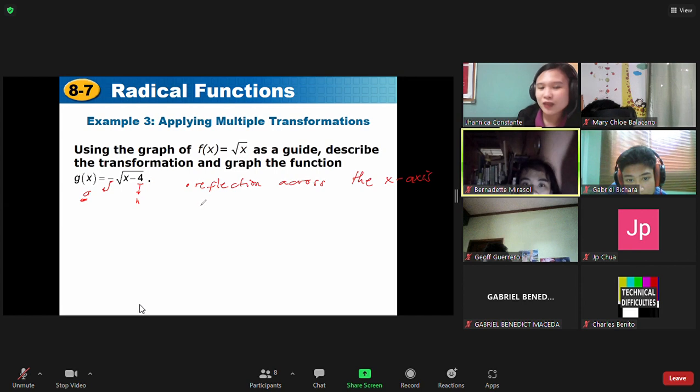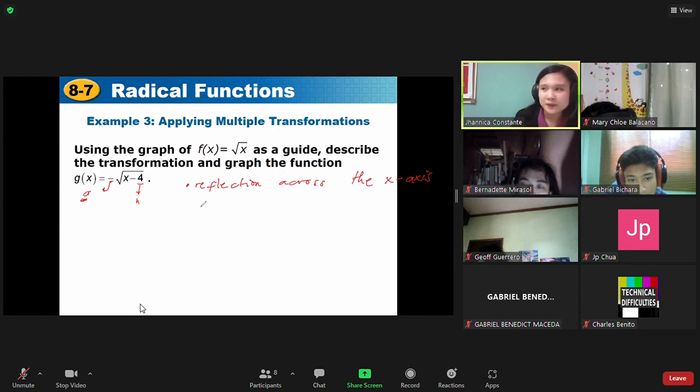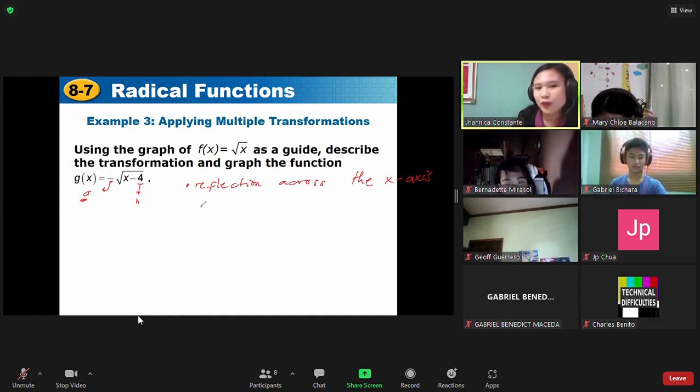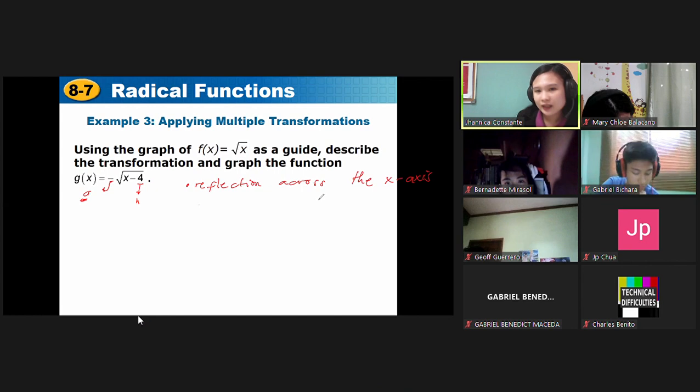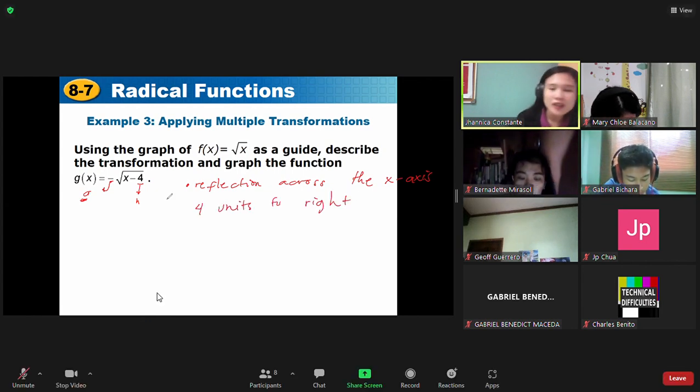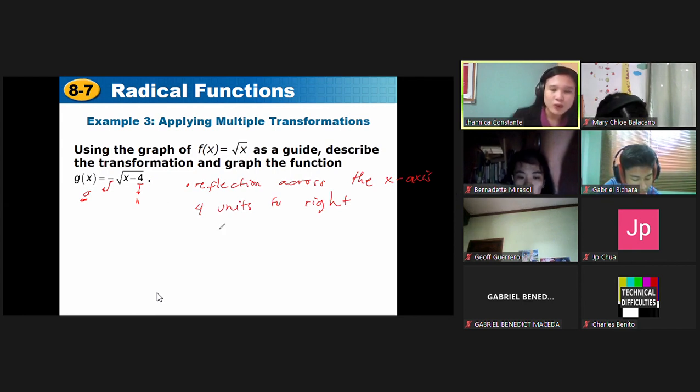We have 4 units based on our h. It will go 4 units to the right, since we have a 4 for the value of h. The value of our h is 4.